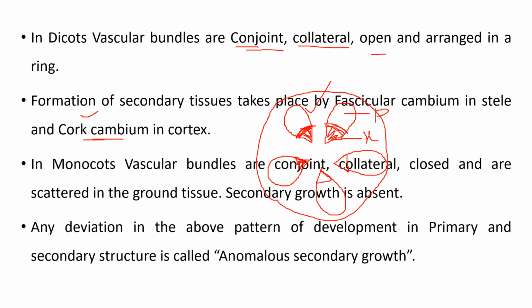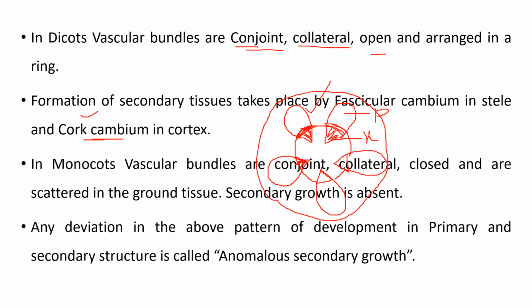The secondary growth starts from here. At first, the first stage of secondary growth is the joining of this fascicular cambium, forming interfascicular cambium. So these are the interfascicular cambium which join the fascicular cambium.